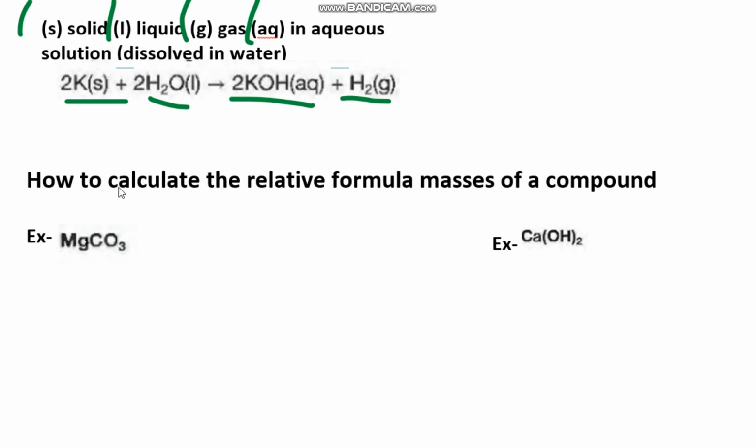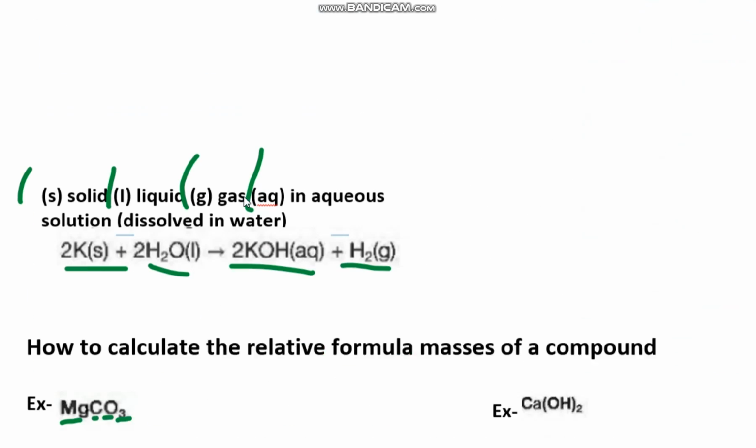So first of all, we have magnesium carbonate, which has 3 different elements. Alright, so magnesium has a relative atomic mass of 24. So when we are finding the relative formula mass of a compound, we should add all the elements' relative atomic masses, and we have this subscript number.